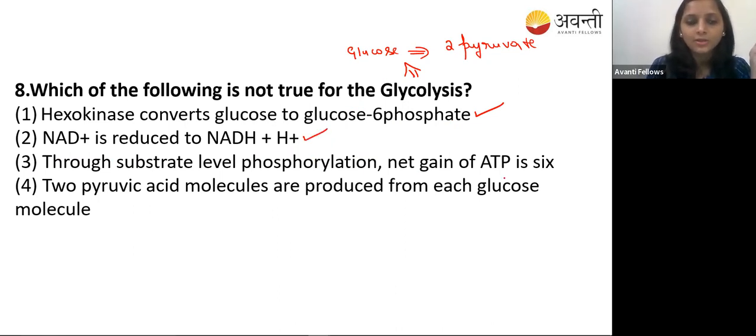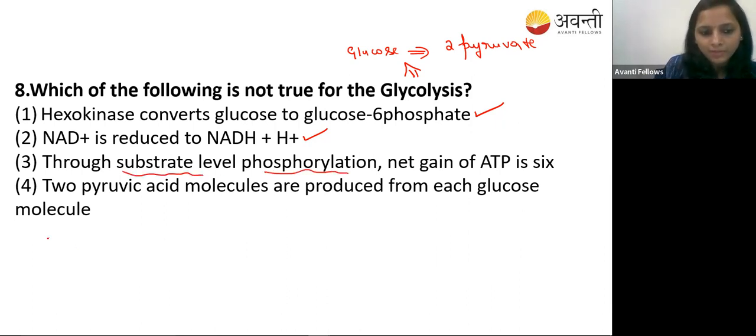Then coming to option 3, through substrate level phosphorylation, net gain of ATP is 6. First we have to understand in which steps substrate level phosphorylation happens. What do we mean by substrate level phosphorylation?